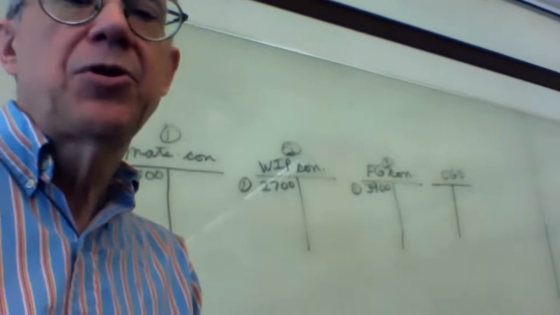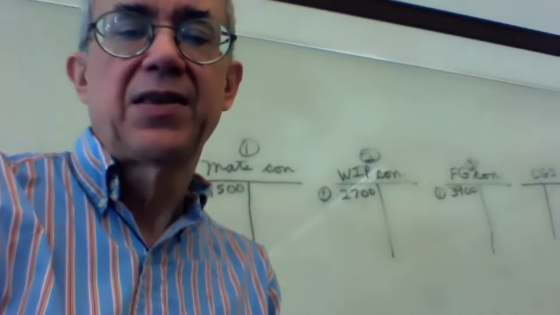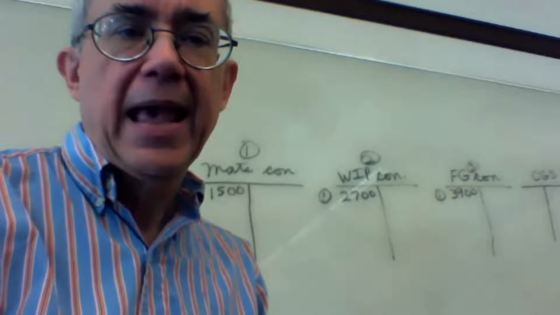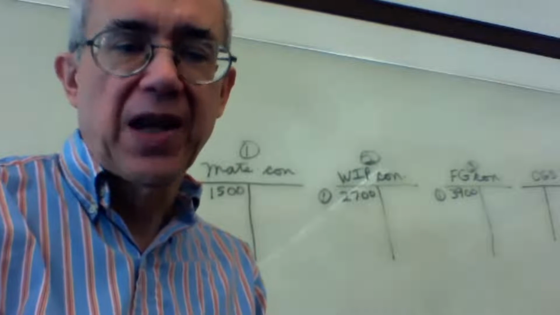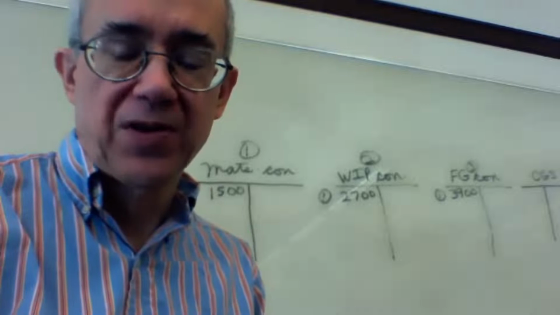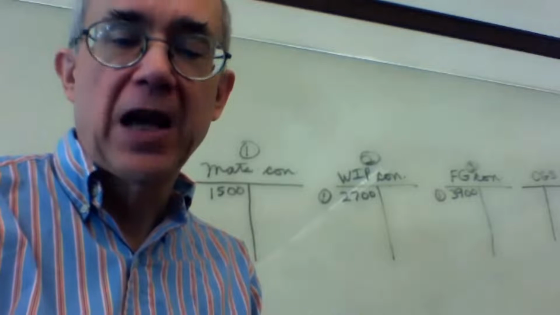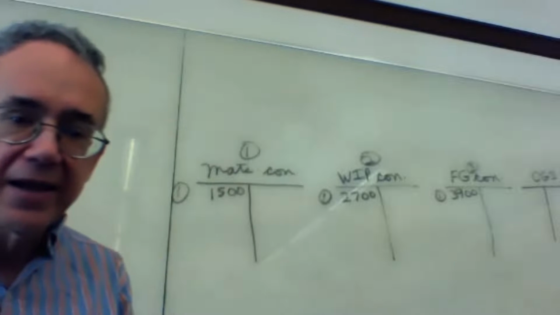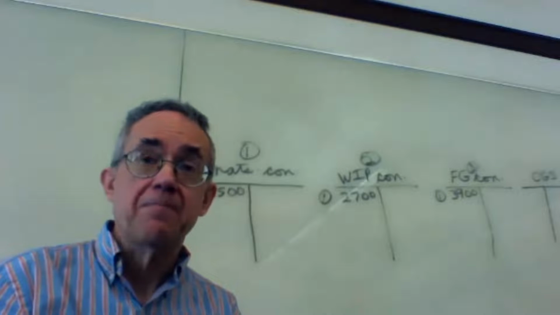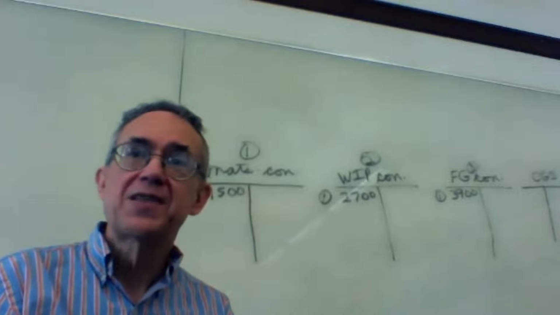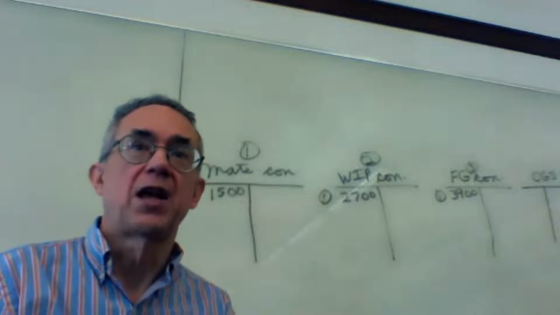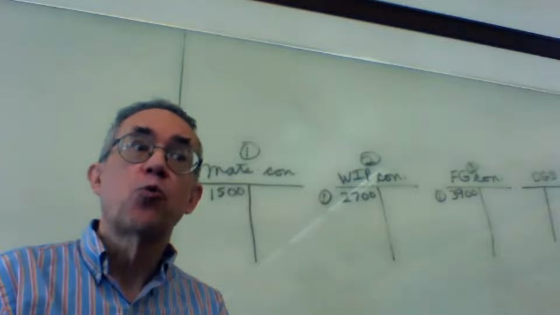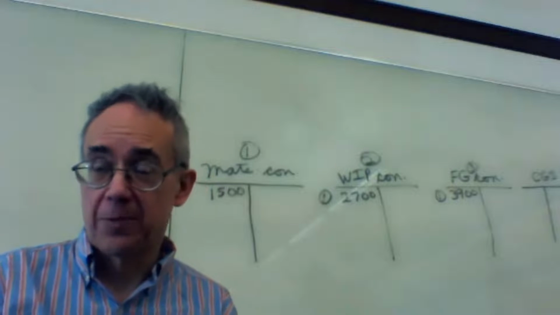Now, let's come to the second thing here. We're going to purchase $8,000 of direct materials and $1,000 of manufacturing supplies, also known as indirect materials, things like cleaning supplies for the factory. Well, as it turns out, this materials control account includes both direct materials and indirect materials.